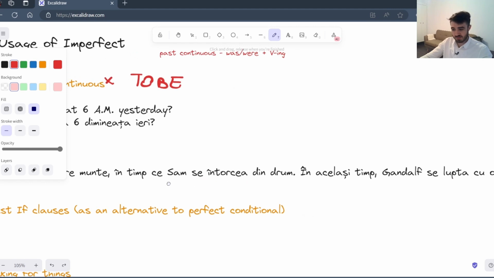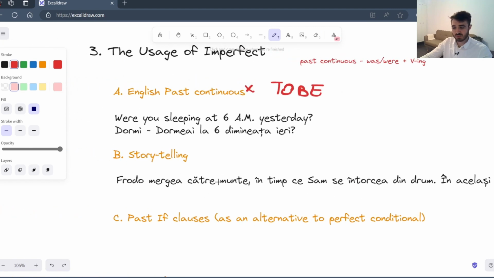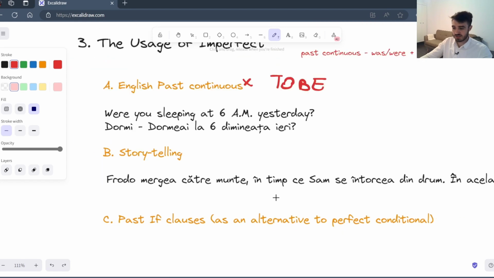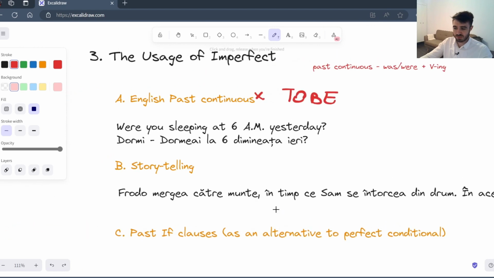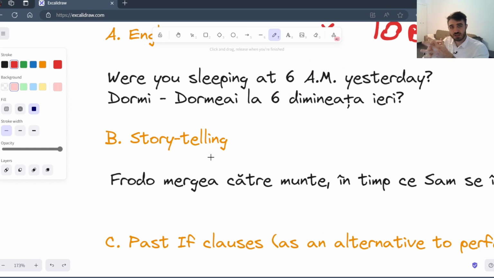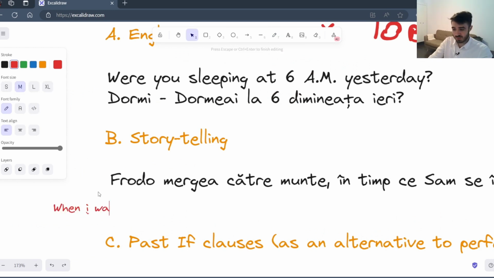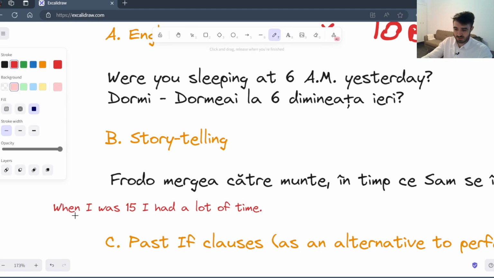So, as you have noticed, probably all of those are in imperfect and all of them are in English as past continuous. So this is probably a bit more straightforward, but let me give you another example. So if you want to say, let's say, so when I was 15, I had a lot of time. Yeah, so things like this, had, was, are in past simple in English, but they will be imperfect in Romanian.